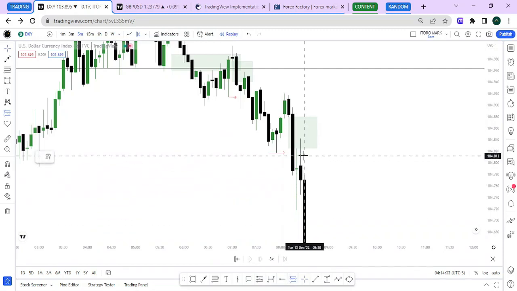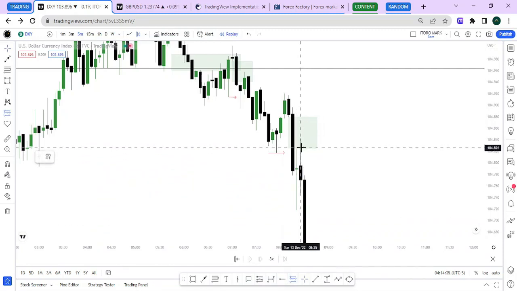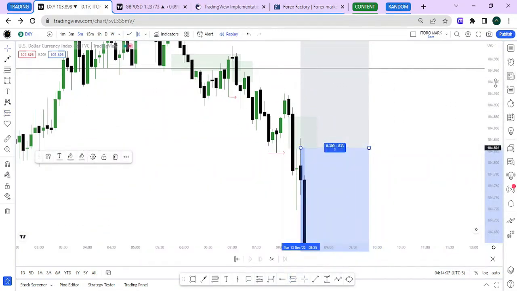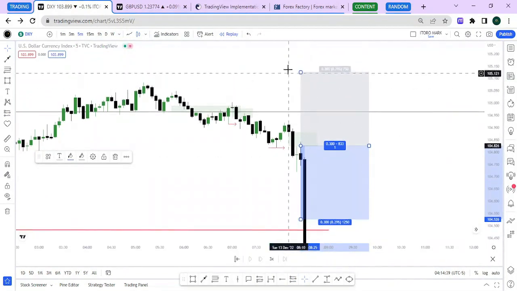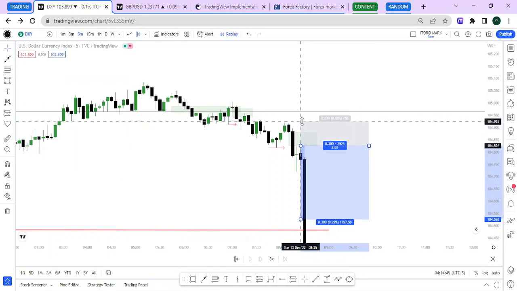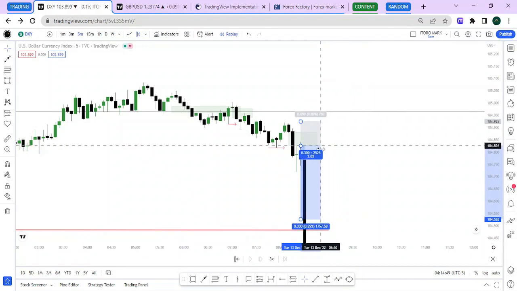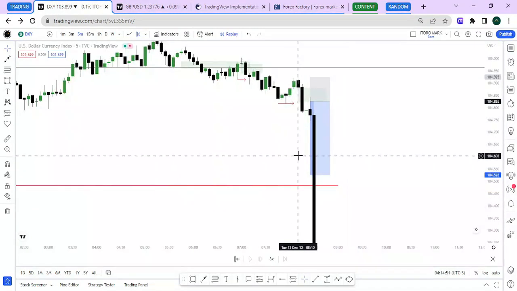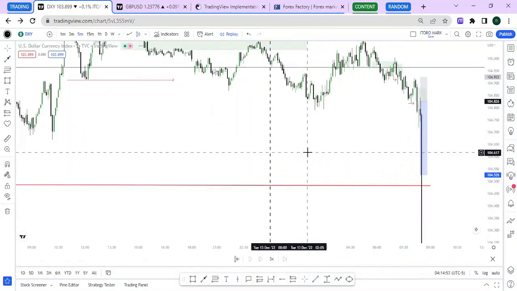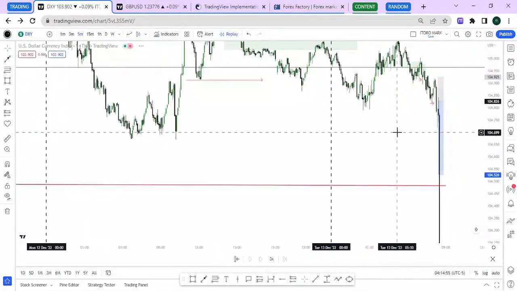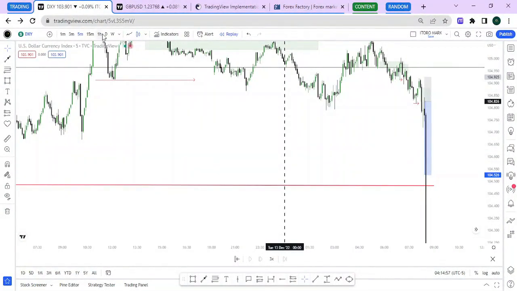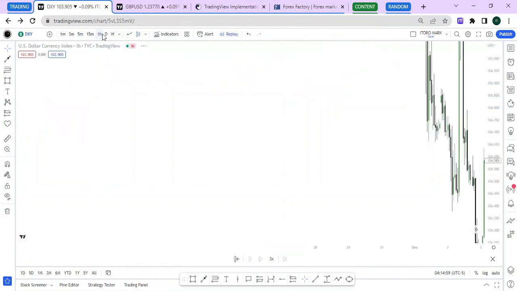Remember, our overall bias for DXY is bearish, so this was valid. This was very, very valid. Although I don't trade DXY, this is the analysis or thought process I would have in my mind if I was to trade DXY. So as you can see, price met the first target. Let's go back to our time frame.